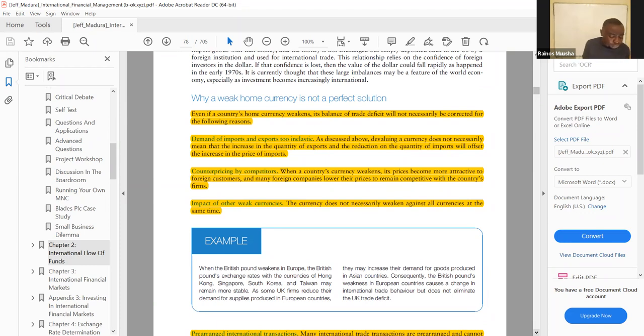So when you look at counter-pricing by competitors, our competitors might realize that, okay, fine, our currency has depreciated in value. So what do they do? They now look at the net effect on the cost of their goods and services because of the movement in exchange rate.